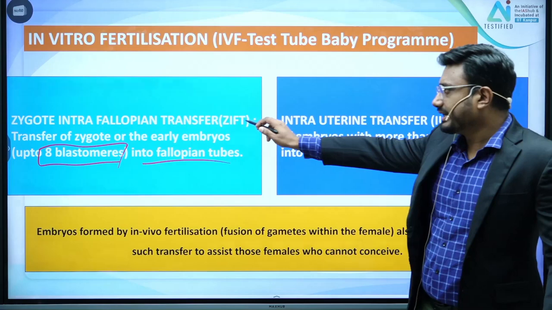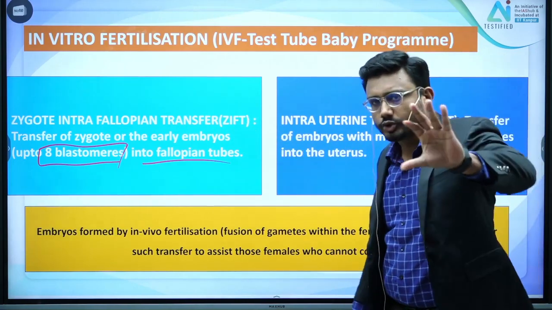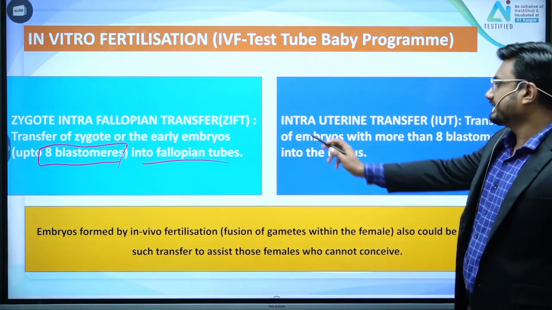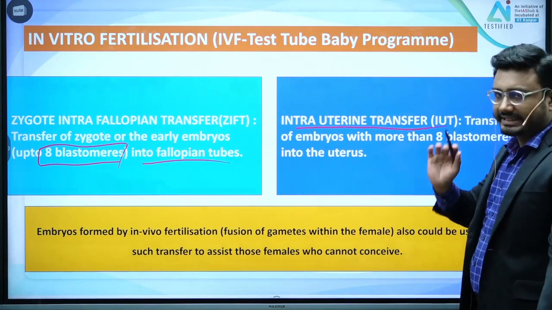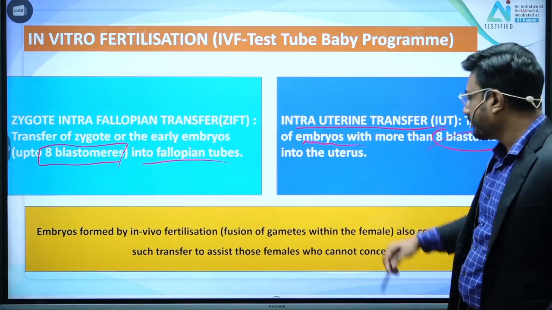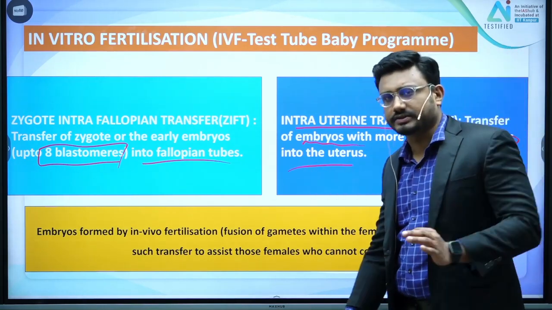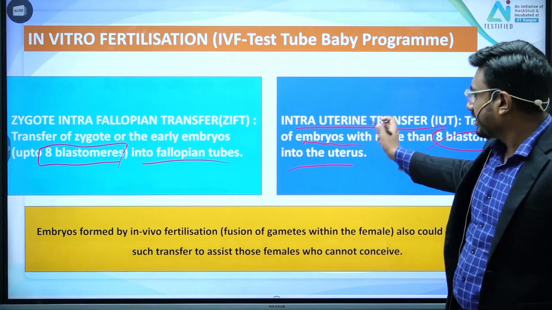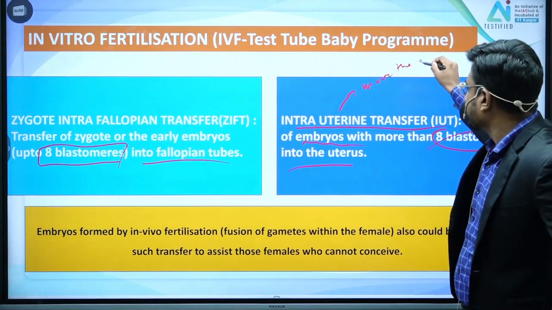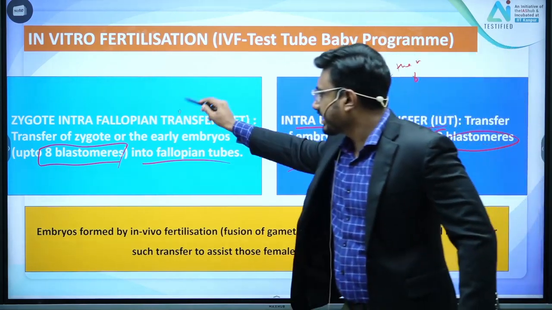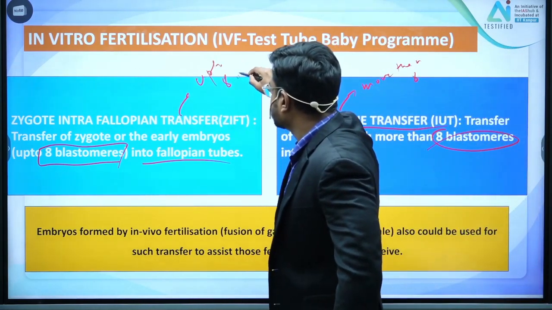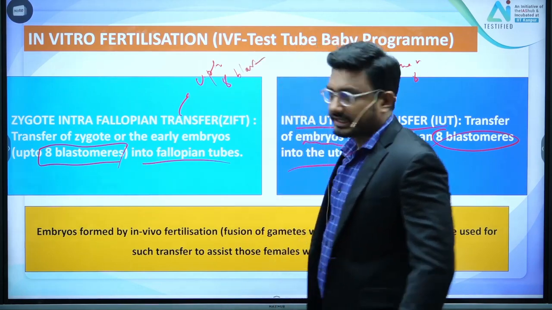Whereas in intrauterine transfer, embryos with more than 8 blastomeres are transferred into the uterus. So intrauterine transfer is for more than 8 blastomeres, whereas in the case of ZIFT, up to 8 blastomeres are transferred, right?